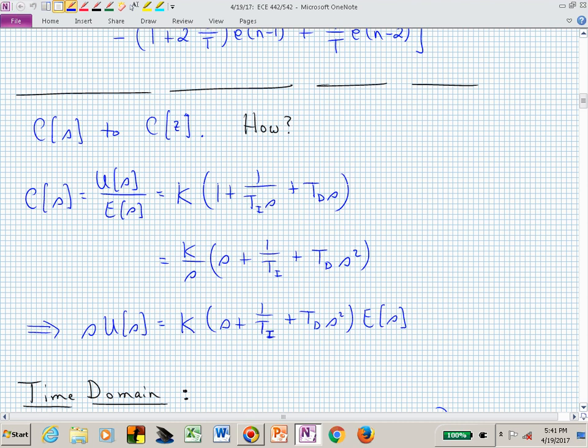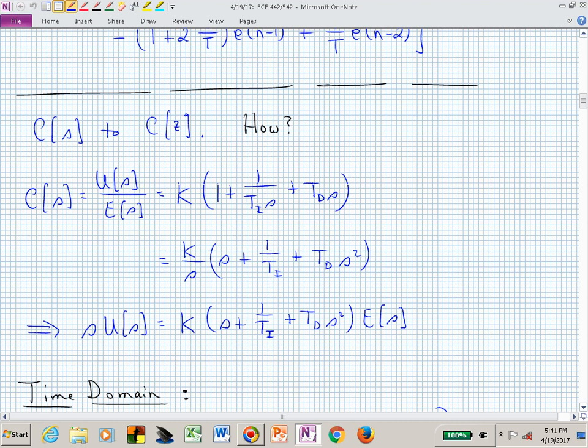So all we're doing is manipulating the expression by factoring out an s in the denominator, which then in the 1 gives us an s. The 1 over T sub I s, we're removing the s and putting it out front, and then we had a T sub D s. We divide that by s, and that basically then gives us an s squared in the T sub D s squared term.